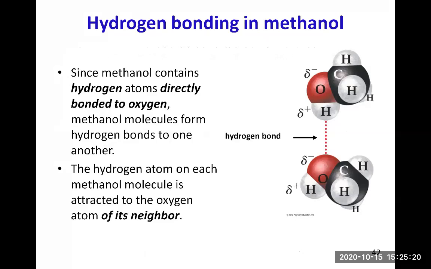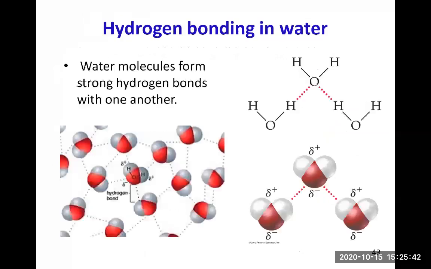And so this way they will orient themselves such that the hydrogen is looking at an oxygen of another molecule that also has a hydrogen bonded to it. So again, here the hydrogen bond is symbolized by the red dots. It's an attraction between molecules.